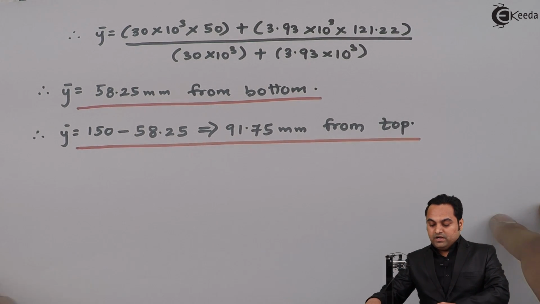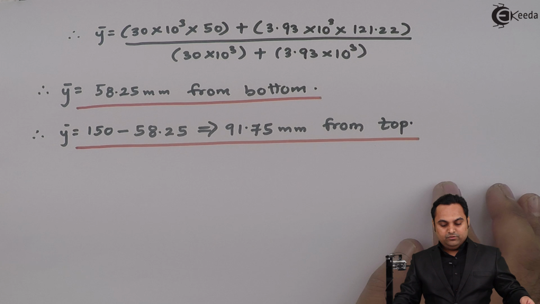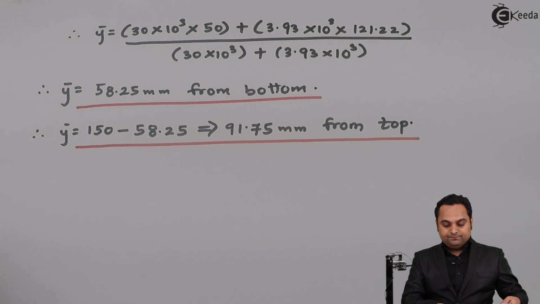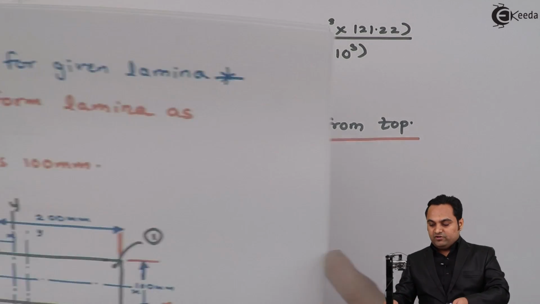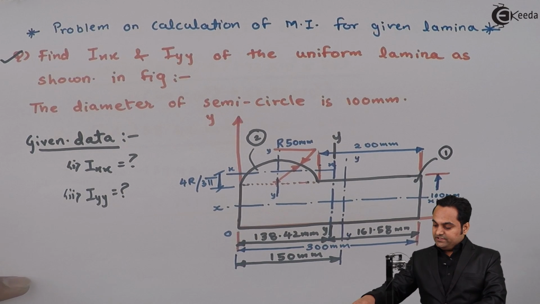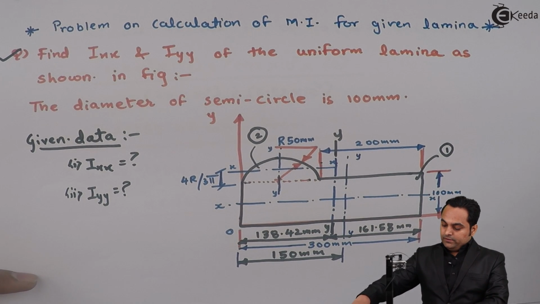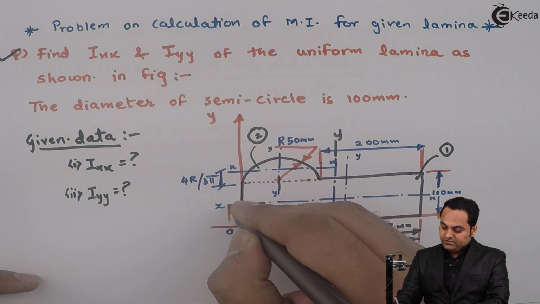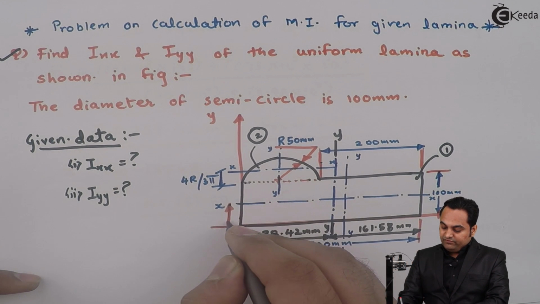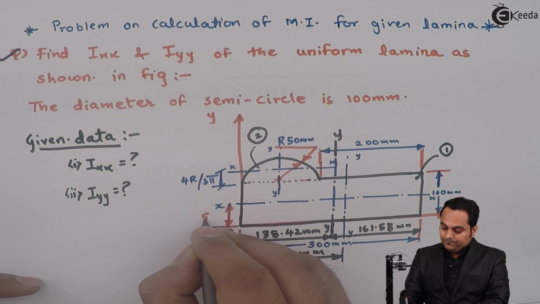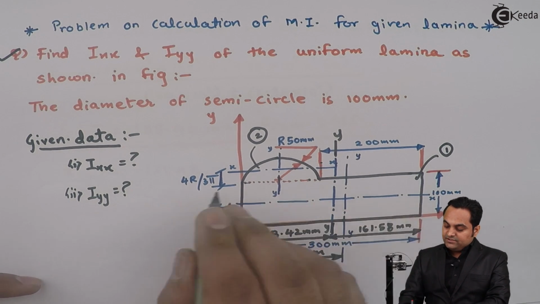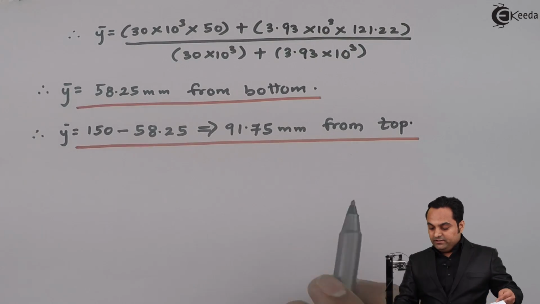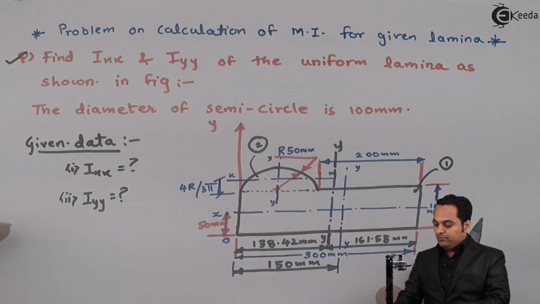Now after getting the location of y bar, we can locate it onto the figure. Now y bar is 58.25 mm from bottom. So if we see into the diagram, the x-axis for rectangle number 1 is located at 50 mm from bottom, but the x-axis of the complete system is located at 58.25 mm from bottom.